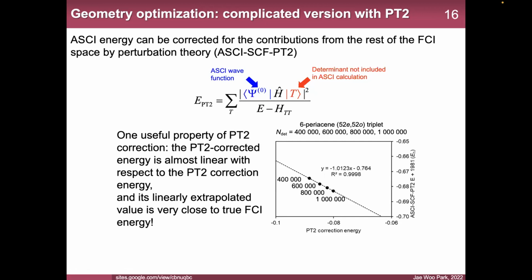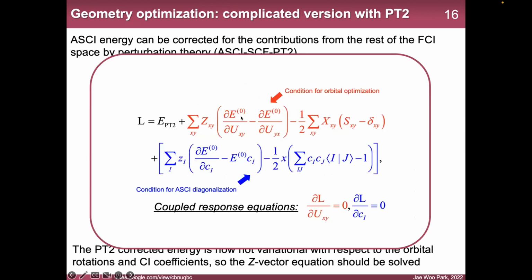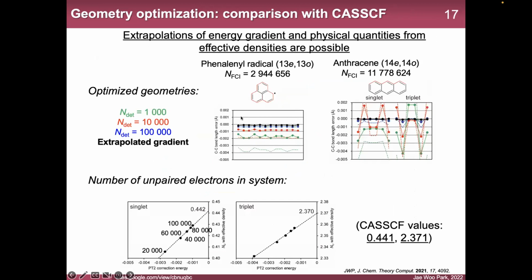And when you linearly extrapolate this perturbative correction, you get the energy that is very close to the true full CI energy. But the PT2 corrected energy is now not variational with respect to the orbital rotations and CI coefficients. So the Z-vector equation should be solved like this.